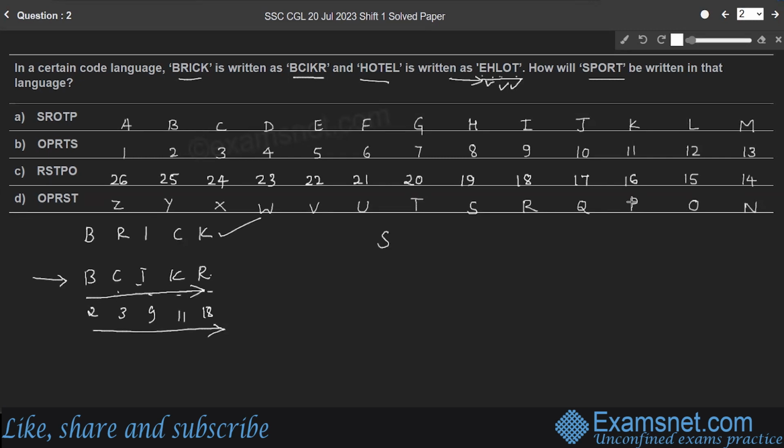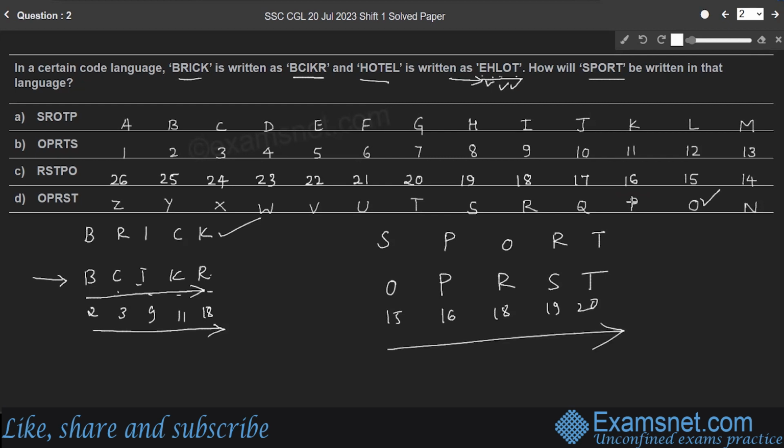So now we'll write sport, SPORT. So here O comes first before the remaining 4 letters. So O, P, R, S, T. Whereas O is 15, P is 16, R is 18, S is 19, T is 20. So according to the ascending order of their positional values, the codes are written here.